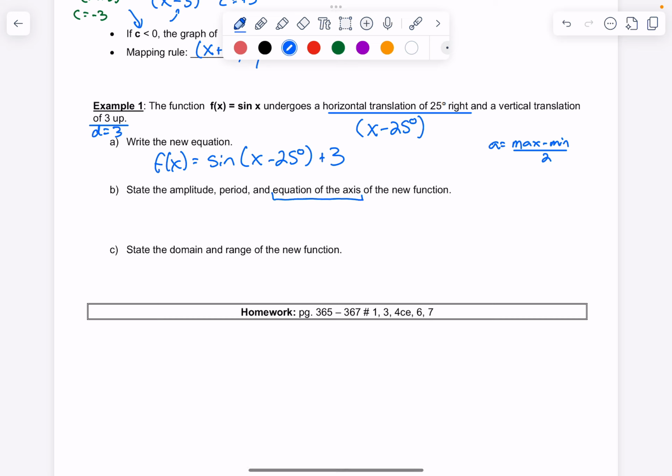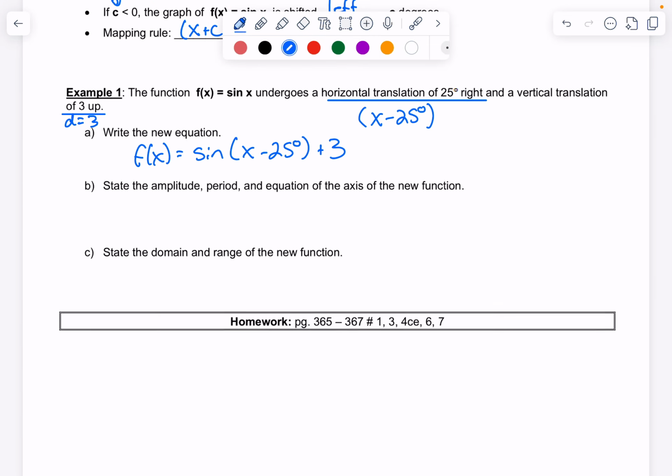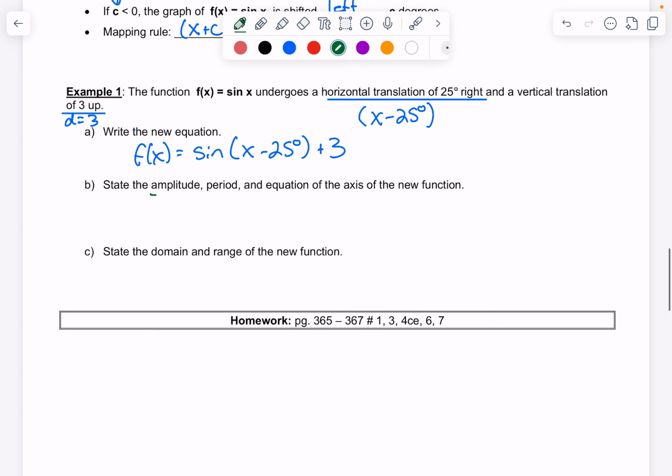Well, you know what, to answer this question, I'm going to jump ahead a lesson. Instead of doing the math here, the amplitude is just whatever number you see in front of the sine right here. So you might be like, oh, I don't see a number there. Remember, there's always a 1 here. So the amplitude, our A, is 1. The equation of the axis is just the thing you see on the back here.